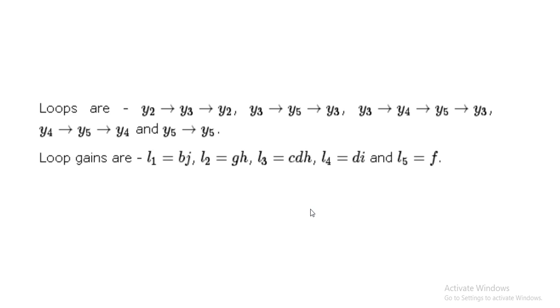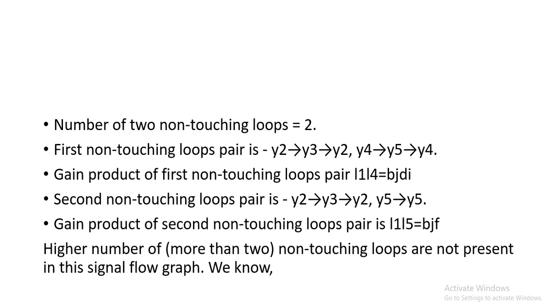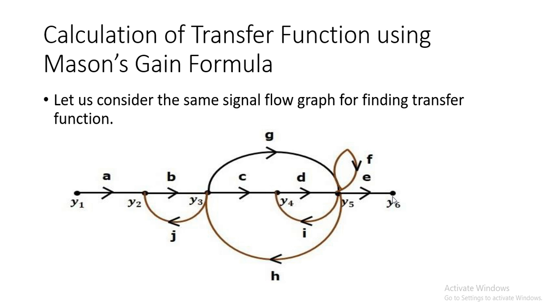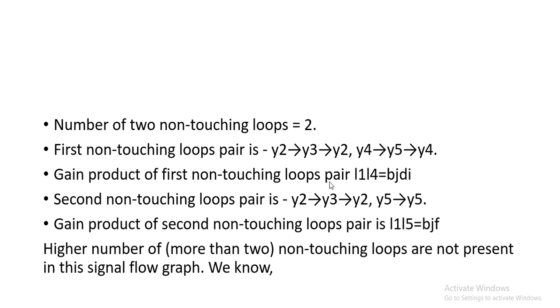This is the first pair. The second non-touching loop pair is y2, y3, y2 and y5, y5. Similarly, this loop is not touching this loop. So I can say this is another pair, y2, y3, y2, which is not touching y5, y5. So we have located two pairs in total. Again I am repeating, these are the two pairs of non-touching loops. This is the first pair, this is the second pair.